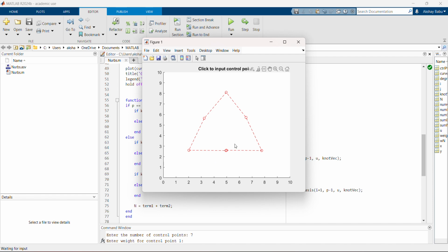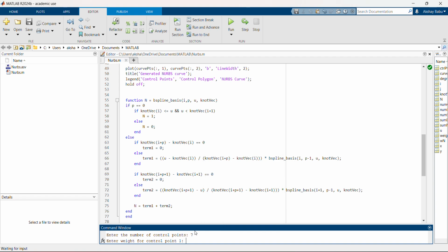So this is almost an equilateral triangle, but not exactly. And we'll give a weight for each of the control points. Suppose we keep 1, 0.5, 1, 0.5, 1, 0.5, 1. And the order of the curve as 2, and then press enter.